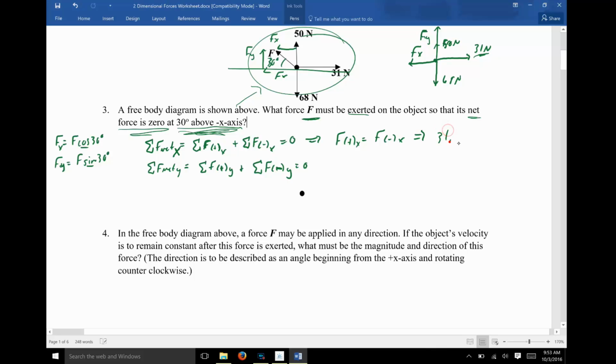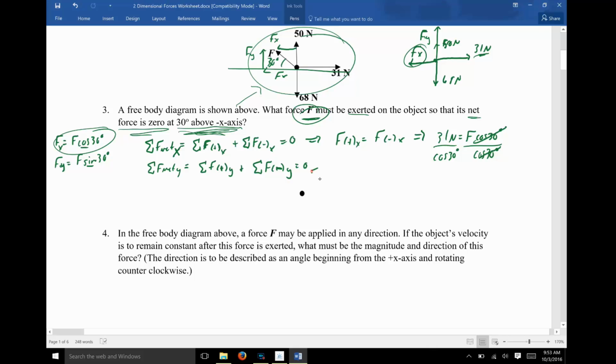So 31 newtons is equal to the force in the negative x direction, which is F sub x, and F sub x from this first part over here is just equal to F cosine of 30 degrees. And you're probably wondering, well, sir, we don't have F. Well, that's exactly what we're trying to find, okay? So in order to find F, all we have to do is divide by cosine of 30 degrees, and that will give you the answer for F.